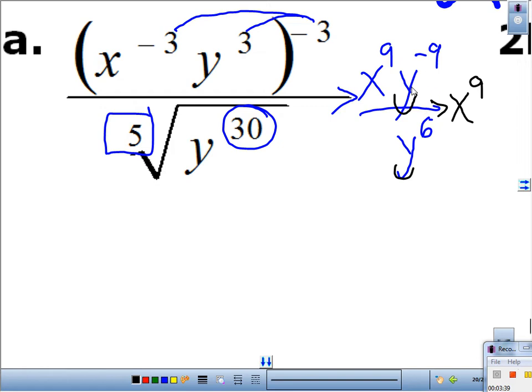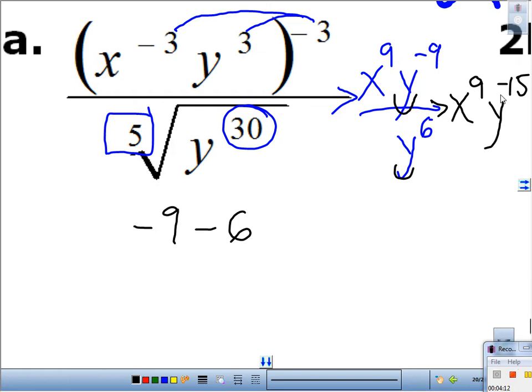Now some of you made a mistake and wrote y to the -3, but that's incorrect, because we're subtracting -9 minus 6. So what is -9 minus 6? -15. You've got to be careful with this one. Try to get your noodle back on track. So we end up with x to the 9th, y to the -15.